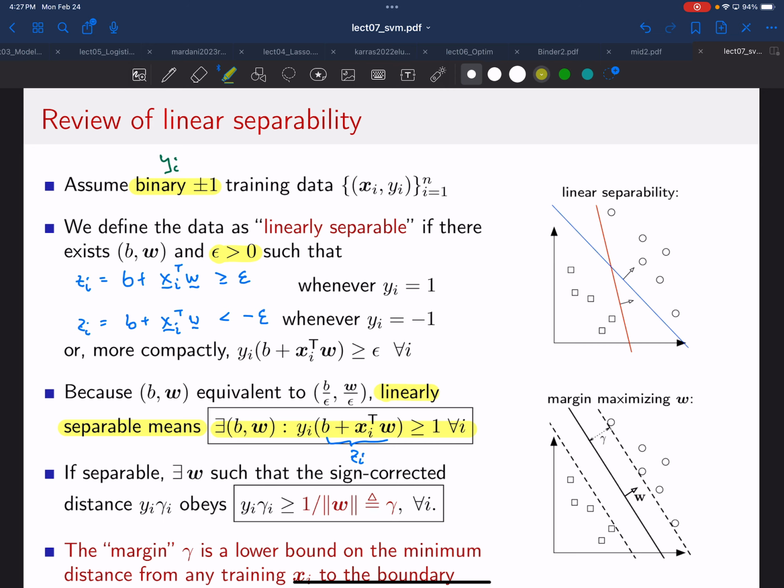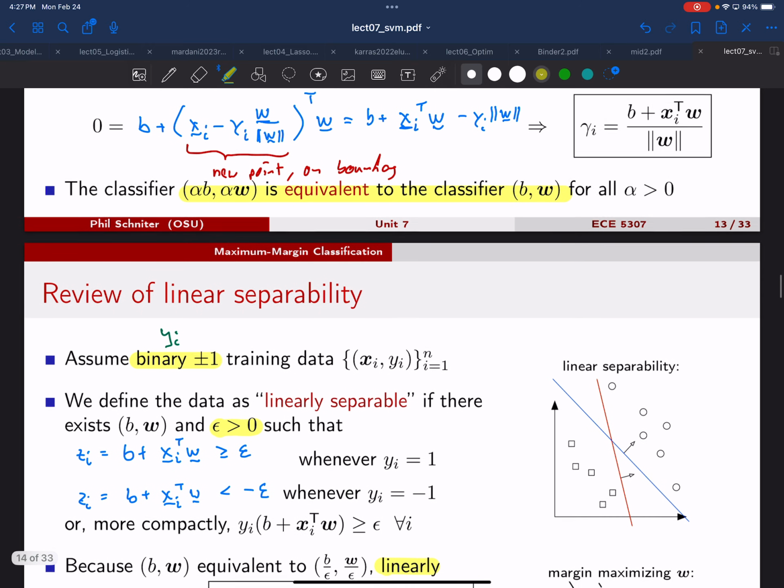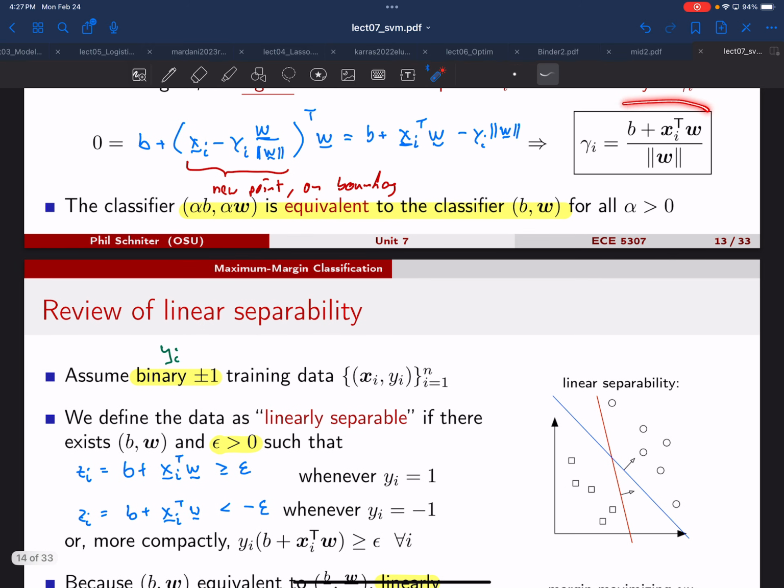Okay. And the last step is to remember that on the previous slide, we have this definition for the signed distance to the boundary. So from this, if you wanted, we could move the norm of w to the left side. And we can then take this equation and plug this into our linear separability to rewrite that b plus xi transpose w in terms of gamma i norm of w.